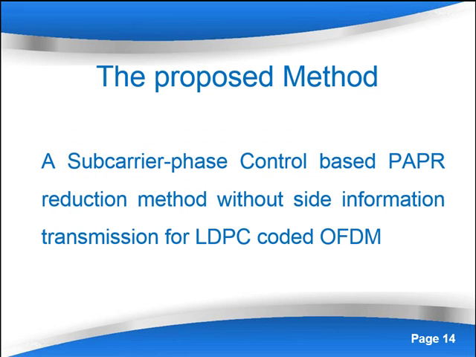In our project, a subcarrier phase control based PAPR reduction method without side information transmission is used for LDPC coded OFDM systems, where the phase sequence is multiplied at the transmitter to reduce PAPR. On the receiver side, the phase sequence used for PAPR reduction is estimated without side information by comparing the decoding results regarding a limited number of candidate phase sequences.